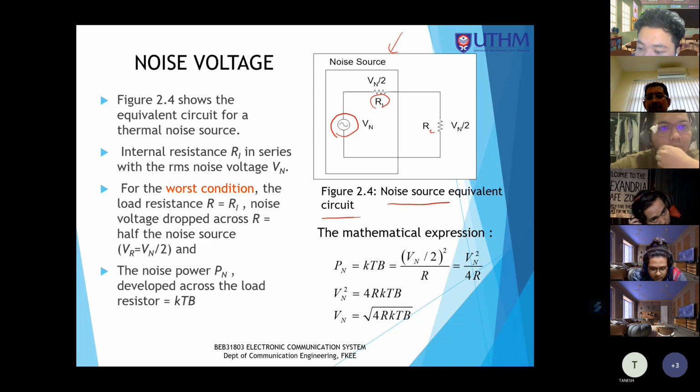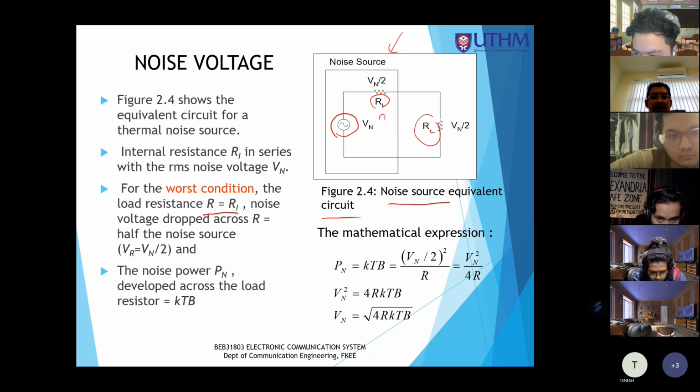So if you see from here, the worst condition, the load resistance is equal to the internal resistance. So kalau load resistance ini sama dengan internal resistance, maka itu dikategorikan sebagai worst case scenario, yang mana noise voltage drop across the R at the load is half of the noise source.